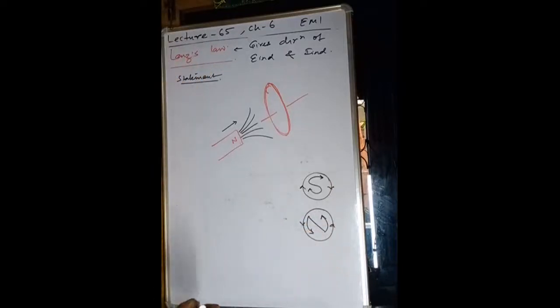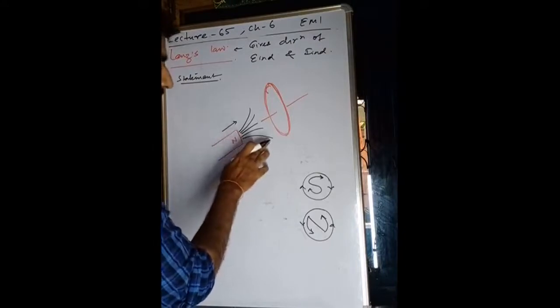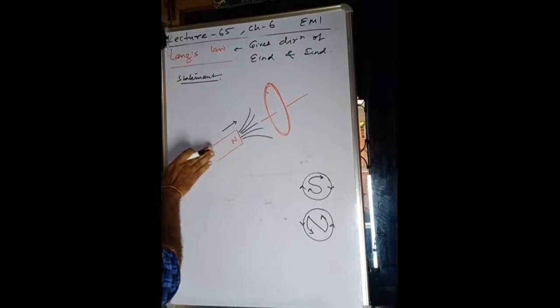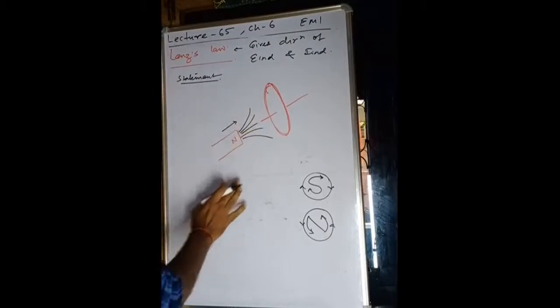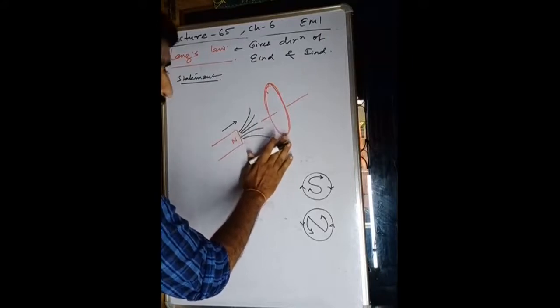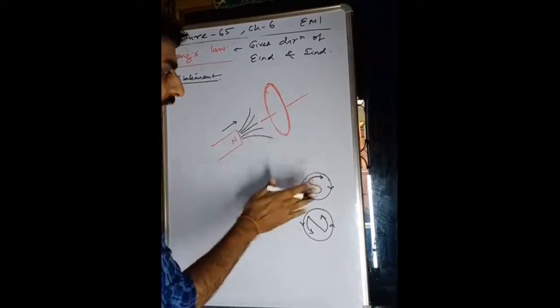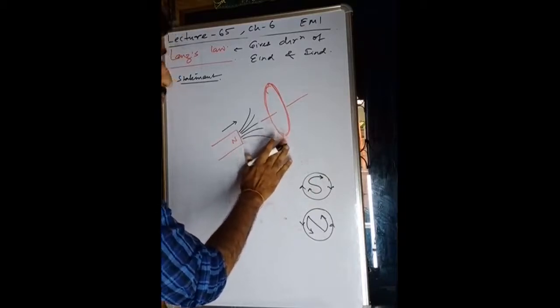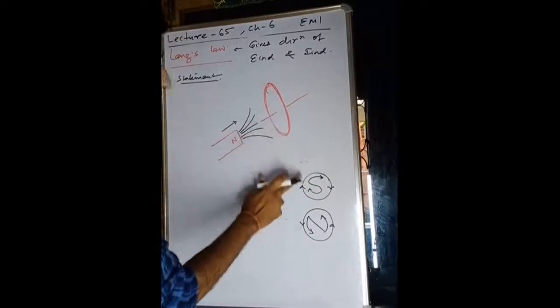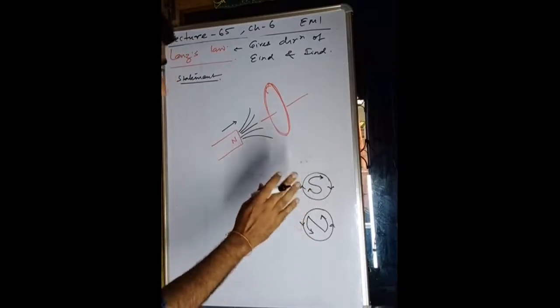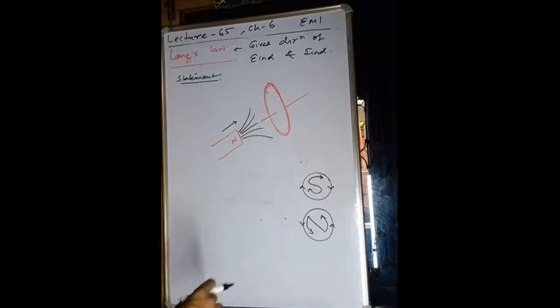Now, due to change in magnetic flux, because this magnet is moving towards the coil, there will be EMF induced in this coil, no doubt. Due to that induced EMF, there will be current induced in this coil. And due to current, a current carrying coil behaves like a short bar magnet.